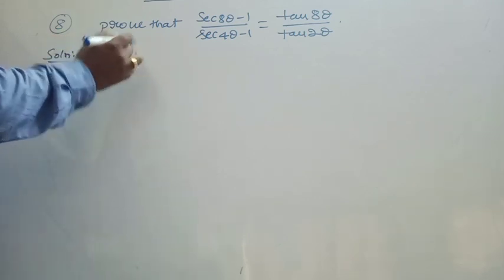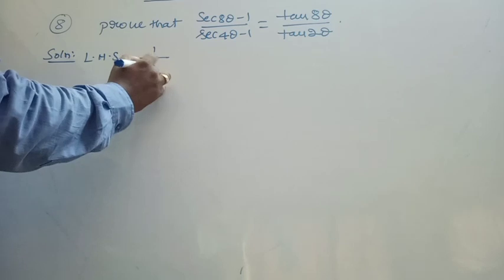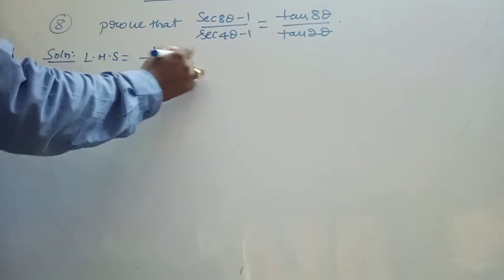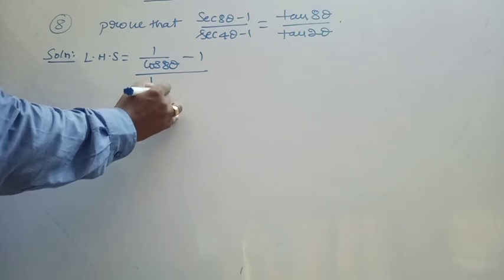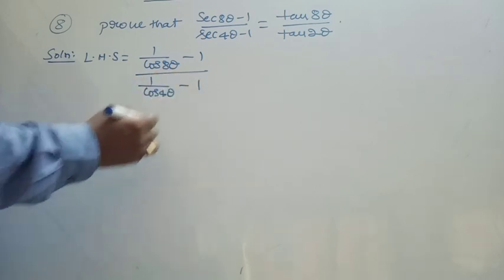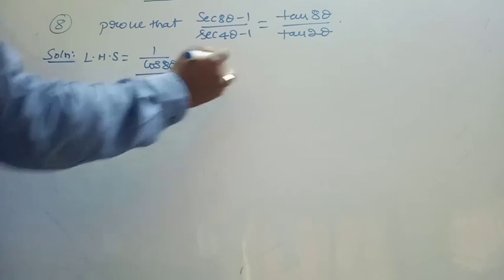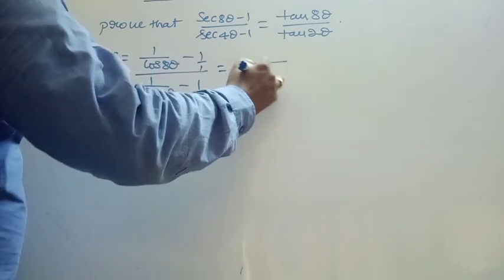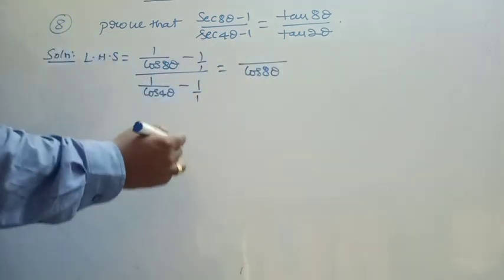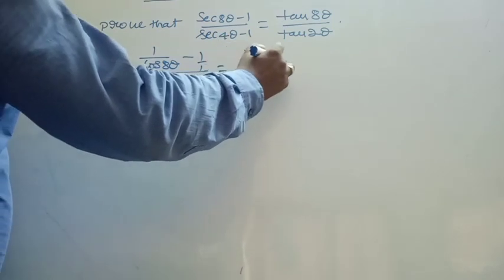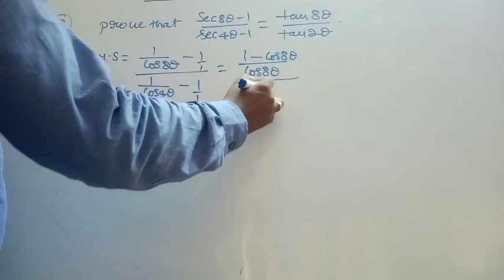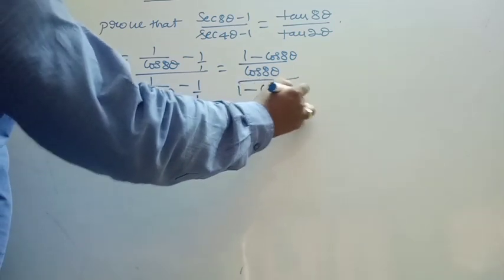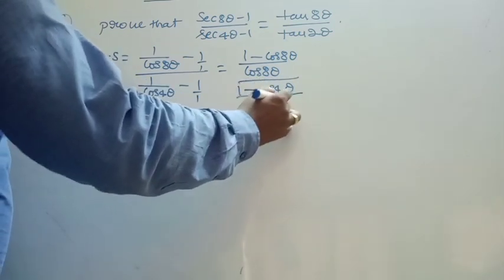This is equal to secant 8 theta, you can write it as 1 by cos 8 theta minus 1, divided by secant 4 theta, you can write as 1 by cos 4 theta minus 1, like this. Now you take LCM. If you take LCM, now this is cos 8 theta, 1 minus cos 8 theta divided by cos 8 theta, and 1 minus cos 4 theta divided by cos 4 theta like this.